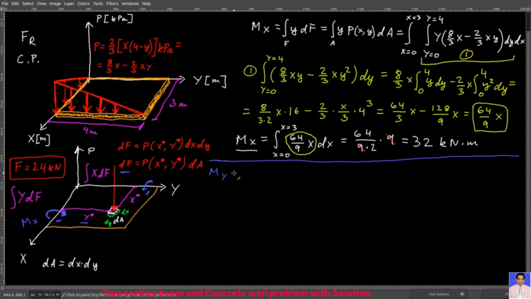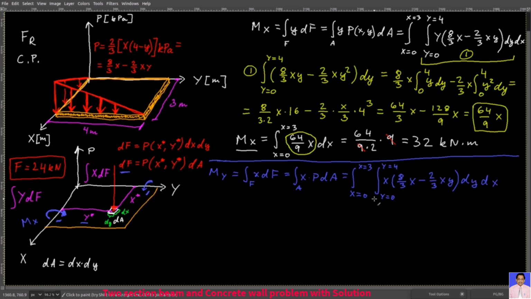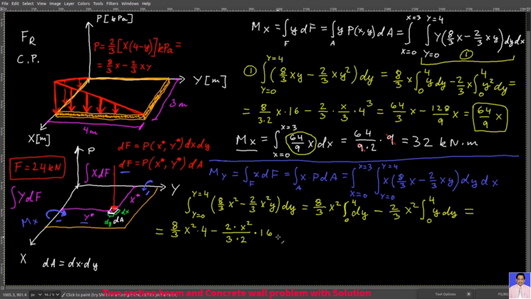And now, the moment about the y-axis, that's the integral of x times dF, or x times p times dA, or as a double integral, it looks like this. So again, we evaluate our inner integral. This is how it looks. We can rewrite it like this. This is what you will get when you evaluate that. You can cancel out the 2s here, and in the end you will get 16 over 3 times x squared. So that's your inner integral.